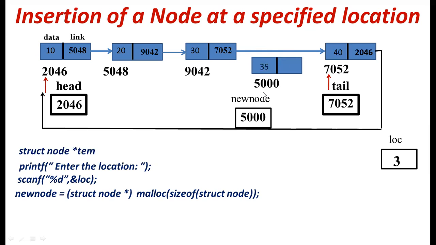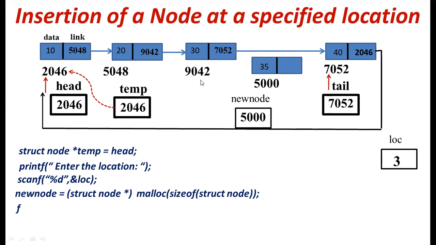For that, we are creating a temporary pointer variable with head pointing to the root node. Now, to insert this particular node, which is with 35 value, at this location, we need to bring the temp control to this particular location with address 9042.